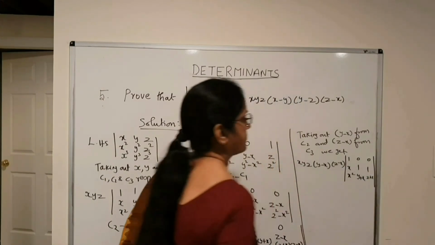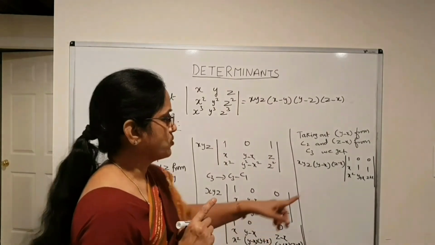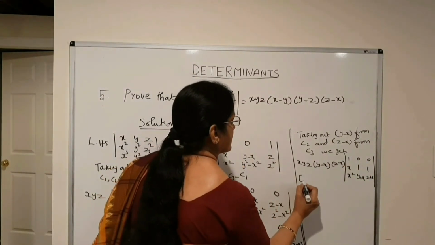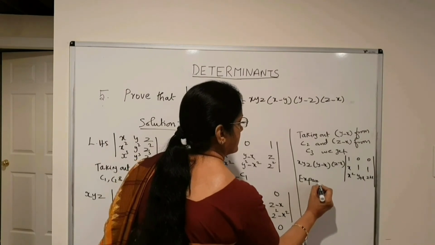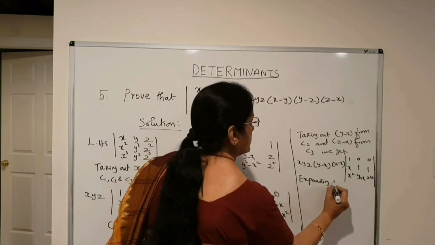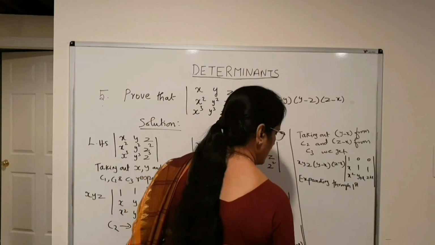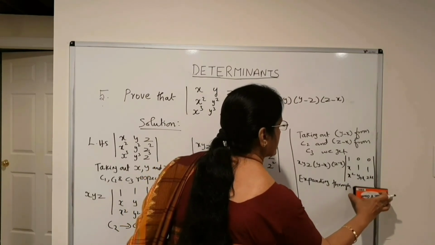That's all. Now I am going to expand through first row. Just write R1, that's enough.